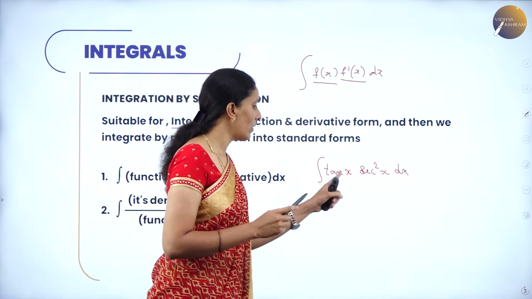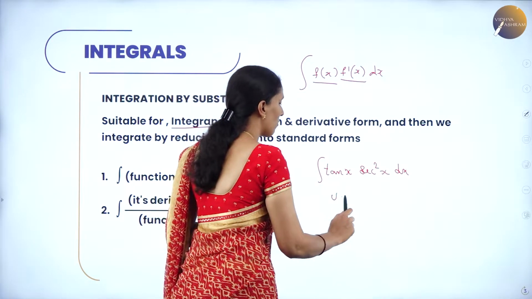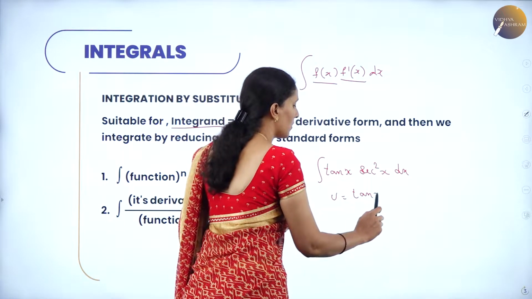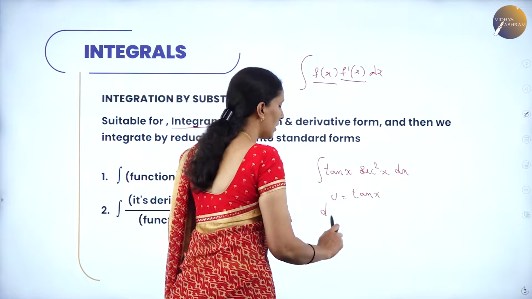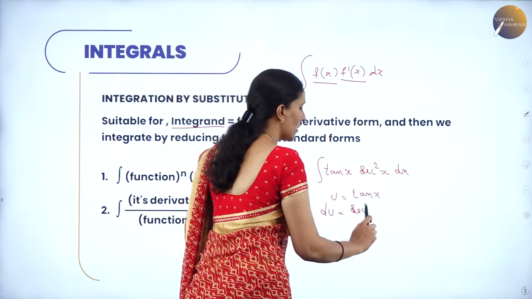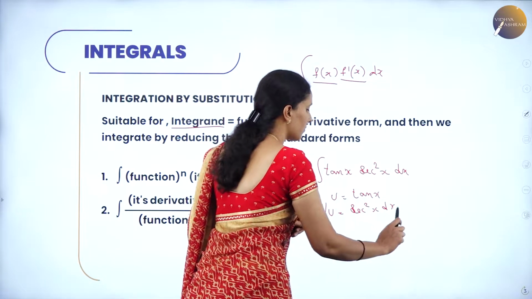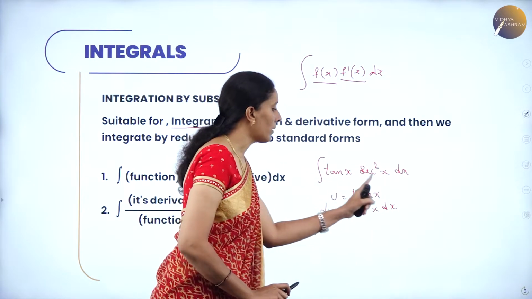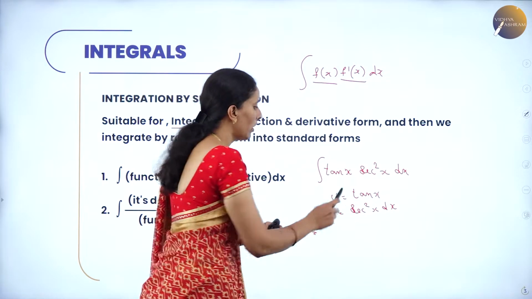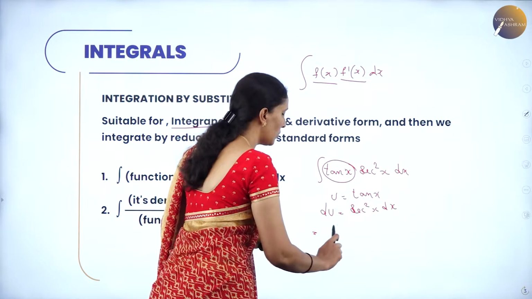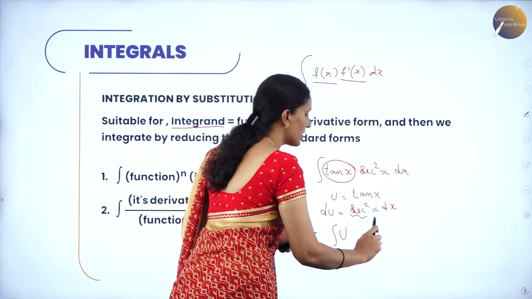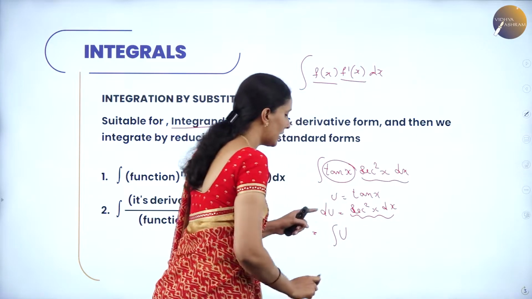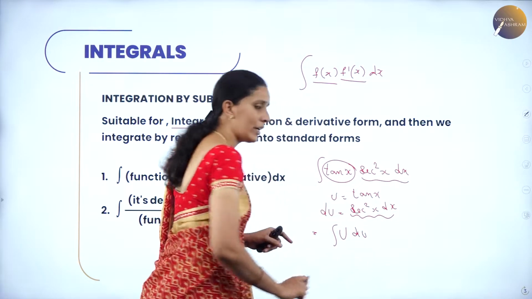So this is again we take some u is equal to tan x. Then when you derive it, du is equal to secant square x dx. So now just replace this with respect to u. We have taken tan x as u and here we got secant square x dx as du. So replace it.